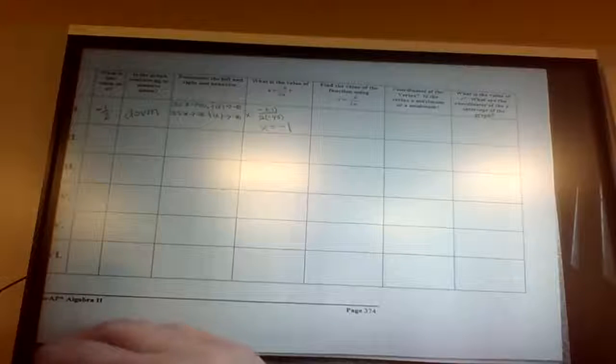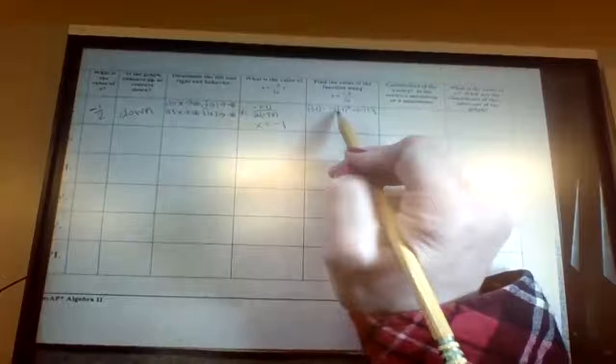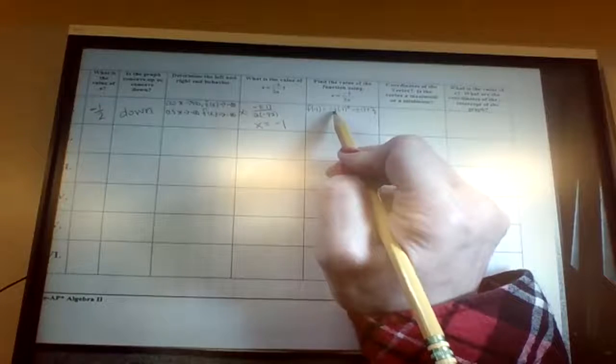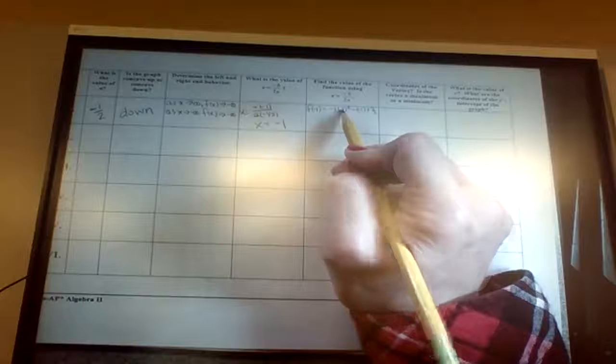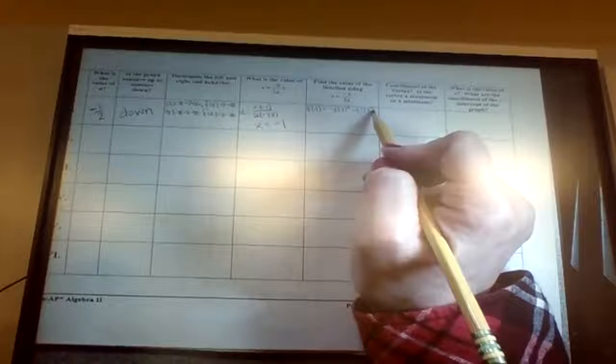Find the value of the function using x equals. So I need f of -1. So that's going to be -1/2 times -1 squared minus -1 plus 7 over 2. Oh, that's fun. Okay, so that is -1/2, +1/2, that's 4.